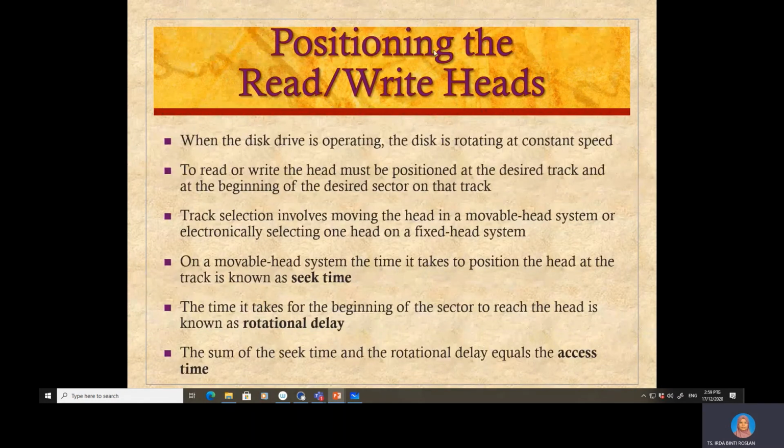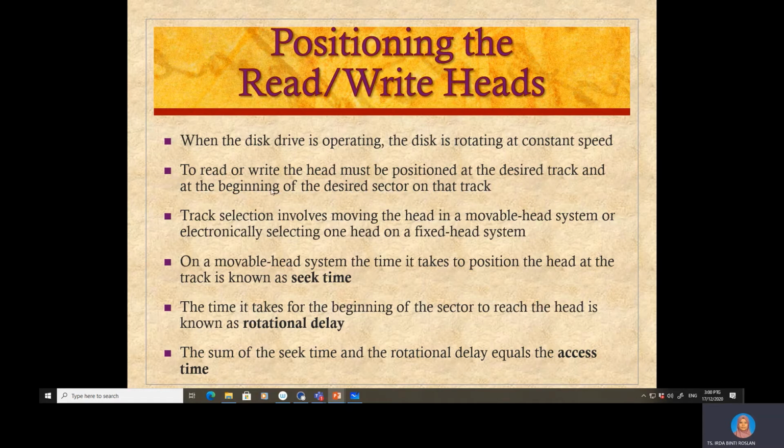Next, positioning the read-write heads. When the disk drive is operating, the disk, or the platter, is rotating at constant speed. To read or write, the head must be positioned at the desired track and at the beginning of the desired sector on that track.